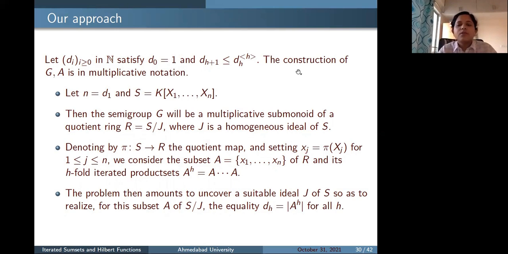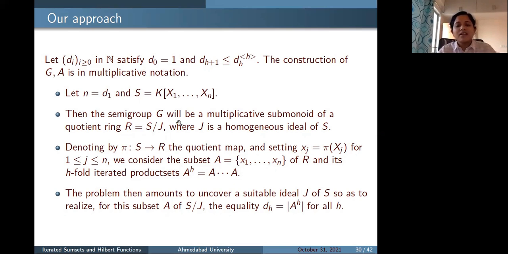Now here what we will do is make our construction of G and A in the multiplicative notation. First of all, I'm taking n to be equal to d_1 and I'm taking S to be equal to K[x_1, x_2, ..., x_n].